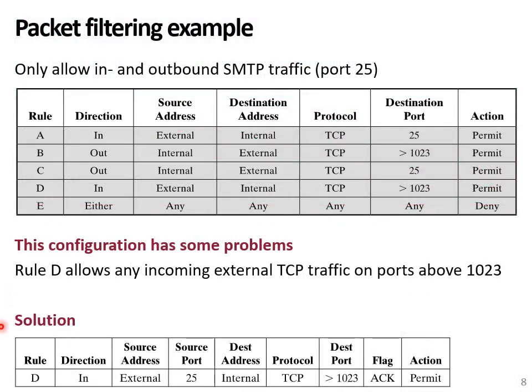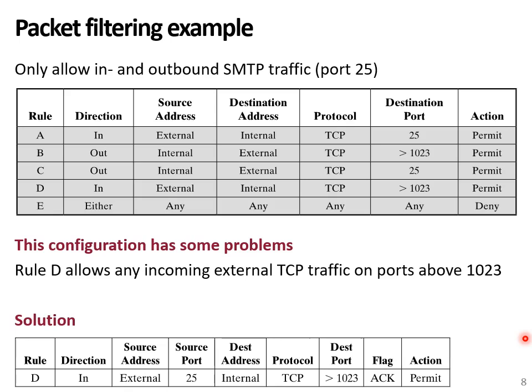And here you can see the solution for rule D, where we have added a source port number and also an acknowledgement flag. So you can see that now we've included that traffic that is coming into the network with a destination port above 1023 needs to come from port 25 on the source.